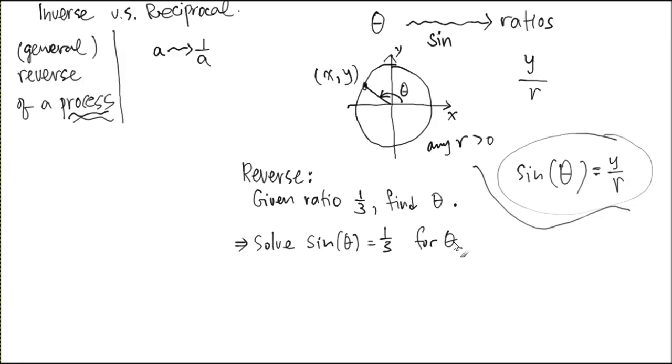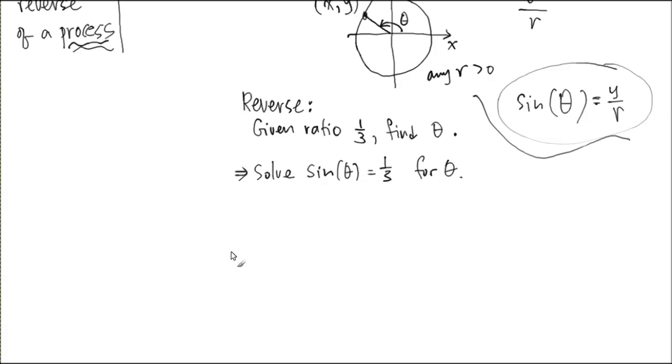I give you a ratio and you figure out what the theta is. That's the nice algebraic summary of this reverse process. So here's how you're going to approach it. Of course, I know my sine theta, which is y over r, and that's going to be my 1/3, right? So what are you going to say? y is going to be 1, r is going to be 3, right? Since r is supposed to be positive, there are no other choices.